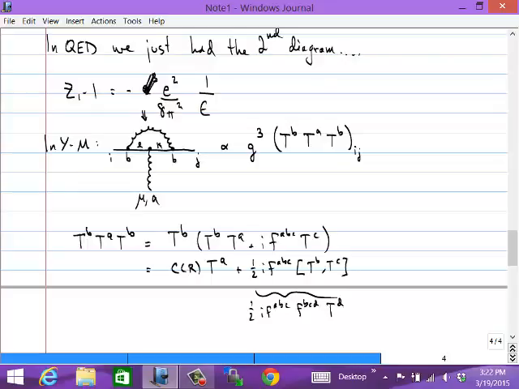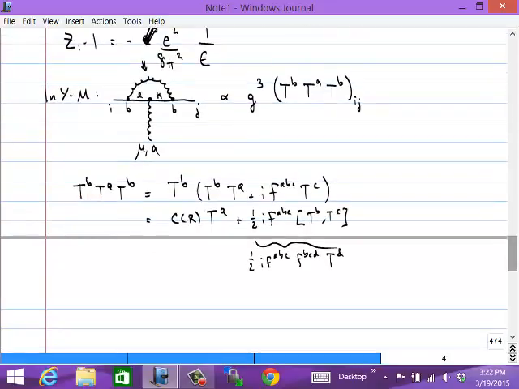And I can now use the fact that those structure constants have a slightly different name, as you either discovered in your last problem set or you're going to discover in your next problem set. In particular, they're the entries of the representation theory matrix in the adjoint representation. And so what is this?